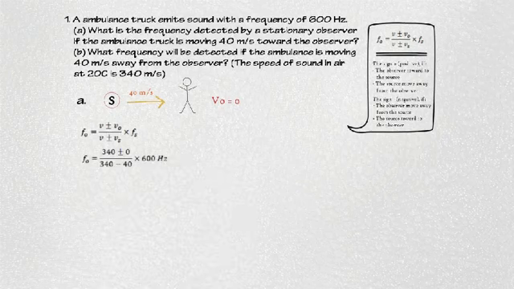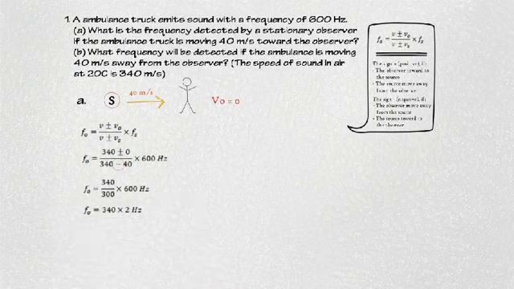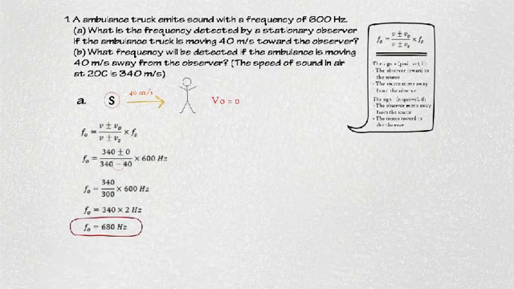We input the velocity of sound in air, 340, and input the velocity of the source. Why is the value negative? Because the source moves toward the observer. So the frequency of the observer is 680 Hz.